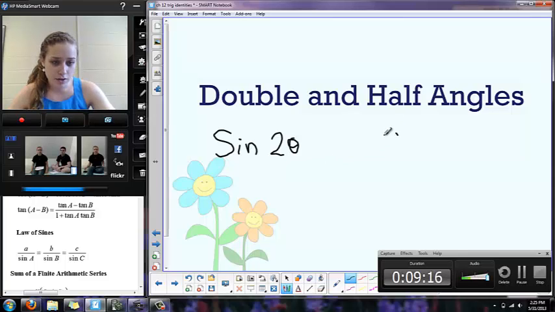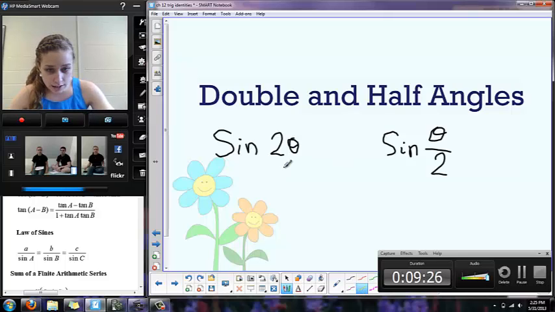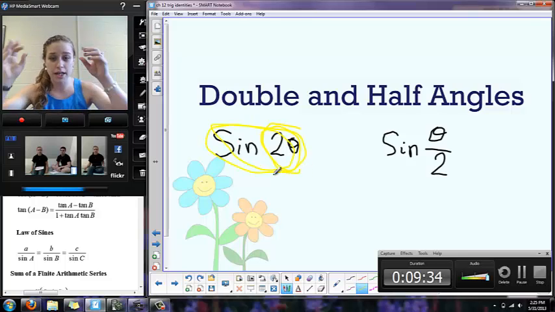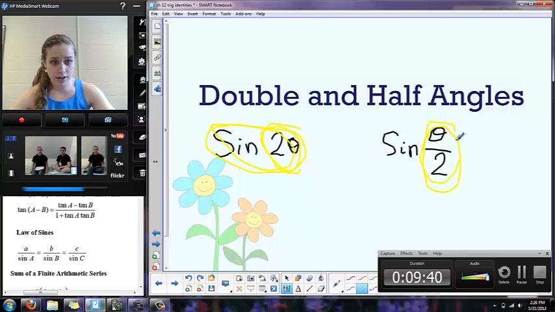And half angles are sine of theta divided by 2. So whenever you're taking your Regents and you see 2 theta, it should be like neon lights. Ding, ding, ding. You should be thinking double angle, double angle, double angle. Whenever you see theta over 2, you should be thinking half angle, half angle, half angle.